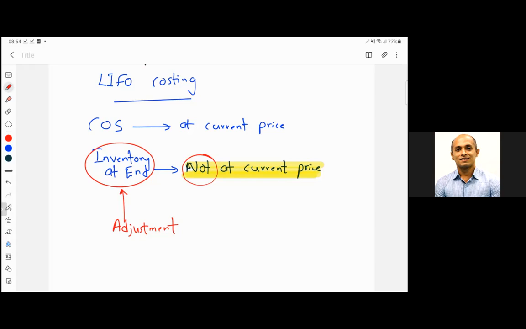You have to adjust the inventory value to bring it to a current cost value.